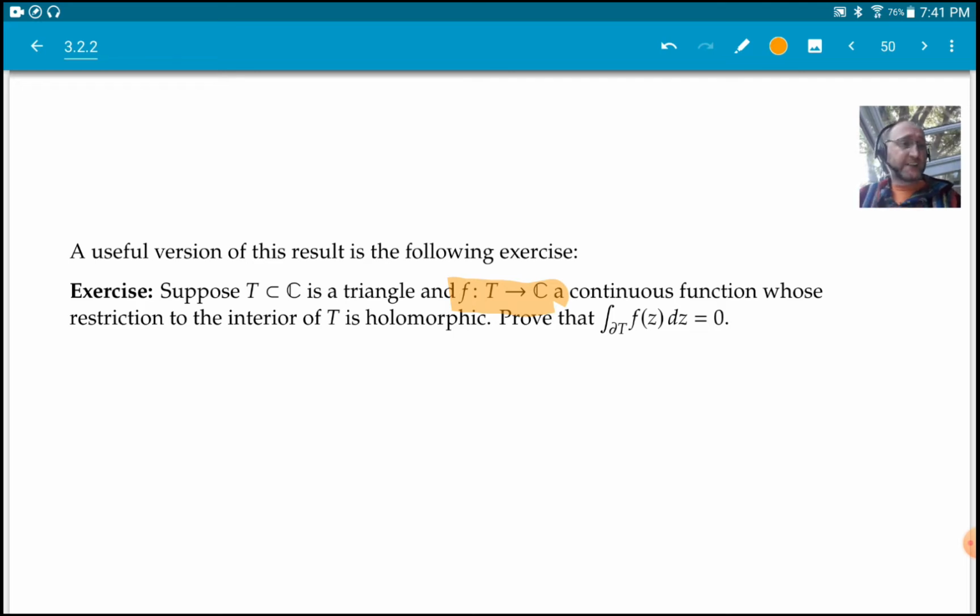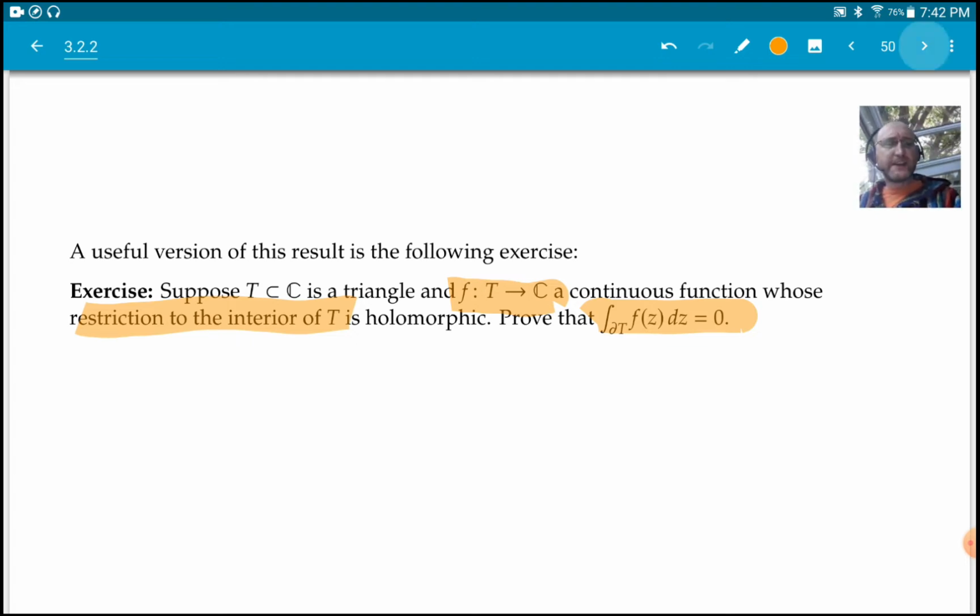But T has an interior, the interior of the triangle. And let's suppose that this continuous function is such that if you restrict it to the interior, it is holomorphic. Then you're supposed to prove that the integral around the boundary is 0.